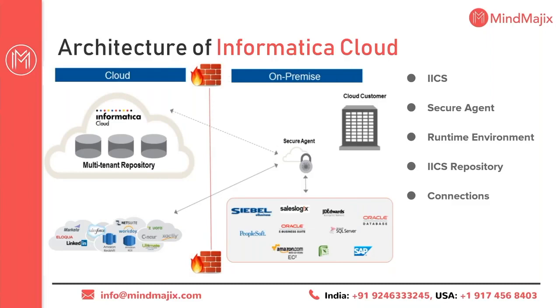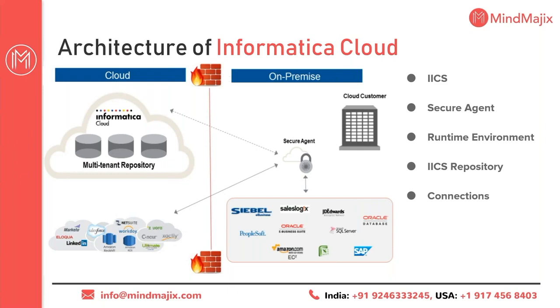And finally, the last aspect is the connections. These connections provide connectivity to on-premises as well as cloud applications. Informatica Cloud provides connectivity using these different types of connections. For legacy or on-premises applications, we'll have a specific connector for each of them: Oracle, SQL Server, flat file, Teradata.